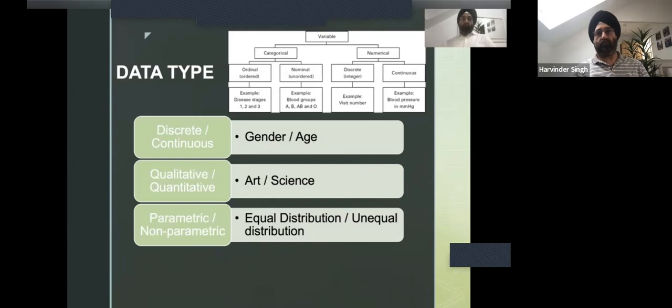But most commonly, you'll have numerical data, which can be studied as a ratio, which is continuous data like blood pressure, or it cannot be in a ratio, where it's called discrete, or an integer, like visit numbers. You have to look at whether the data is likely to be parametric or non-parametric, or whether it is a quantitative or qualitative data type, which determines what kind of statistical tests you can then apply on that data set.